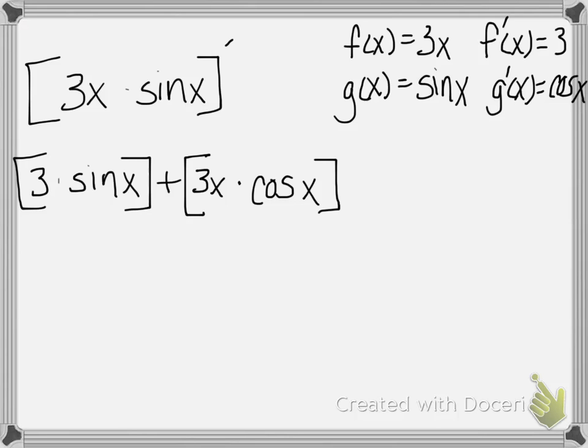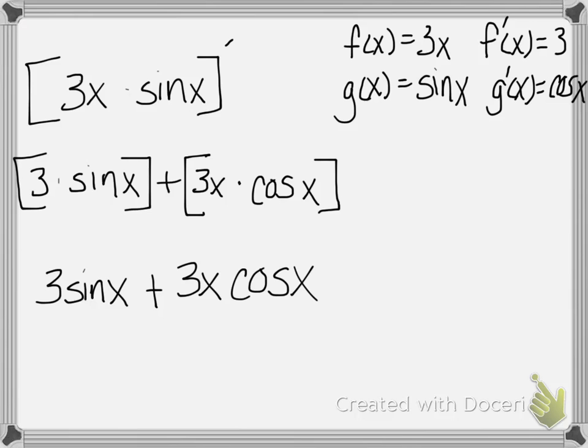And so that is just going to be equal to 3 sine x plus 3x cosine x. And so there's another one worked out, just using the product rule.